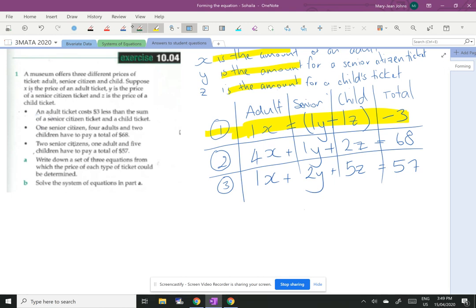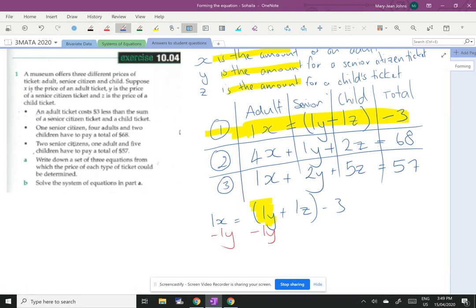We're going to write out our equation and we're going to rearrange it. So I've got 1x equals 1y plus 1z minus 3. Remember, letters go on the left, numbers on the right. So we're going to take this one step at a time. We've got the y on the wrong side. The opposite of a plus y is a minus y on both sides.